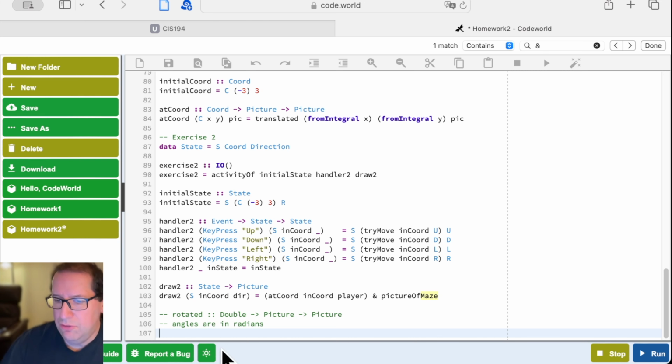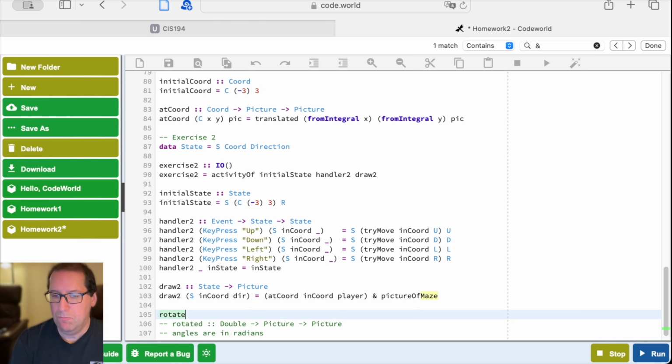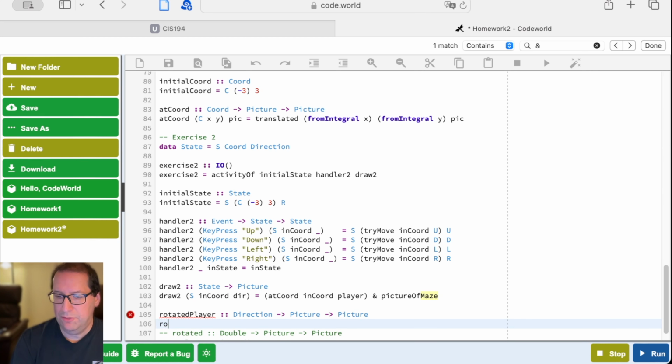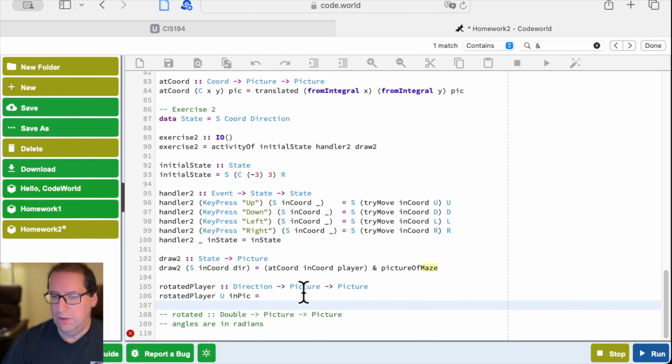So probably the easiest one to do would be down. Let's make a new function called rotated player that takes a direction and returns a picture. Right? I think that's correct. Like so.